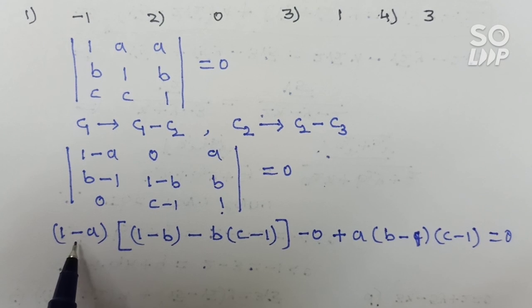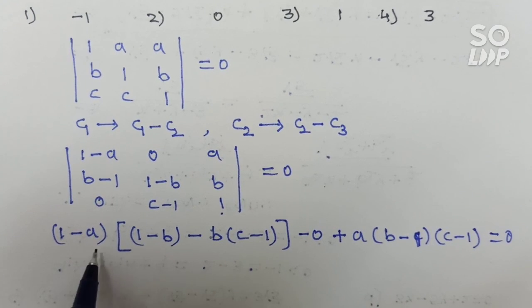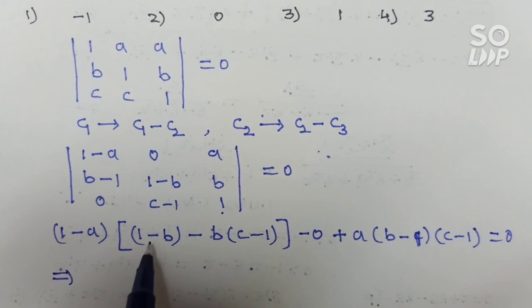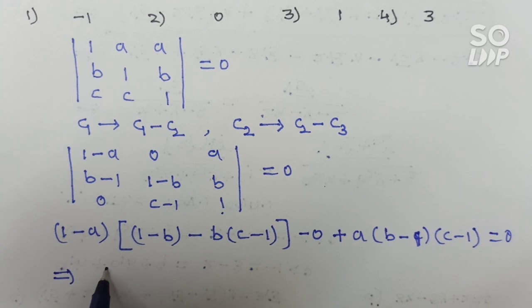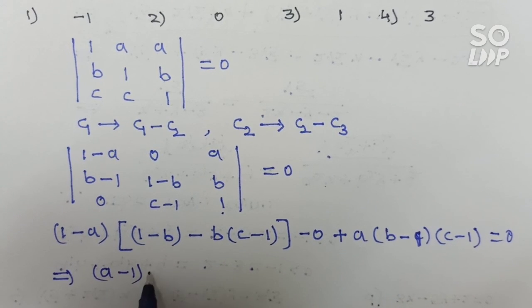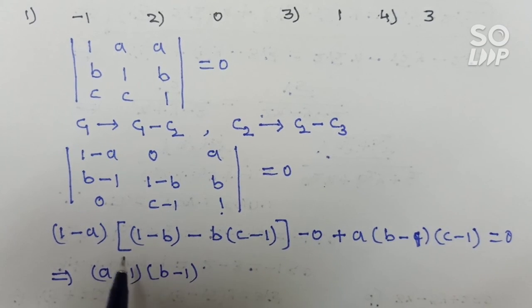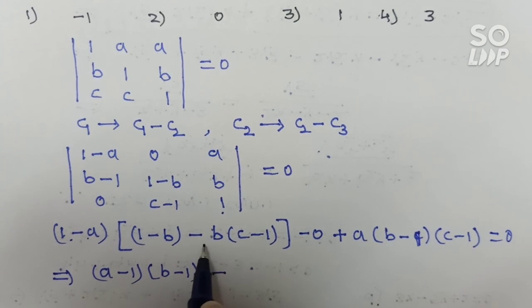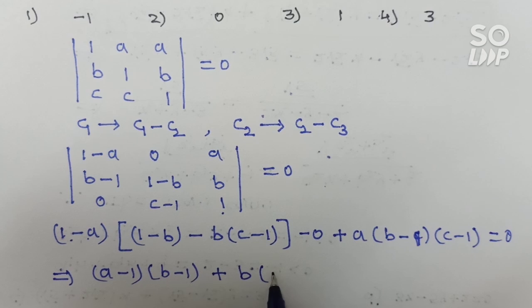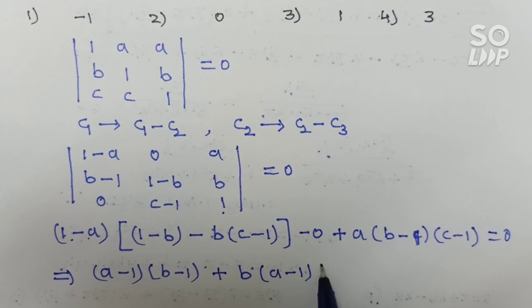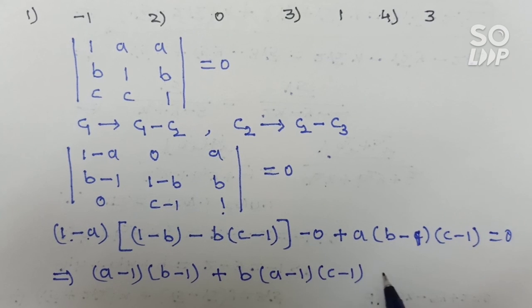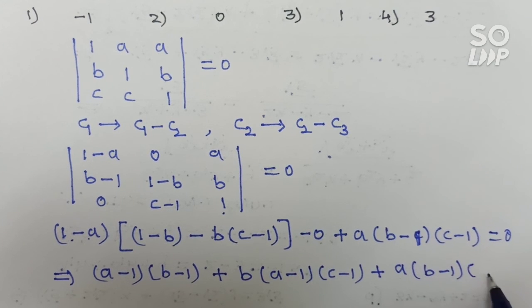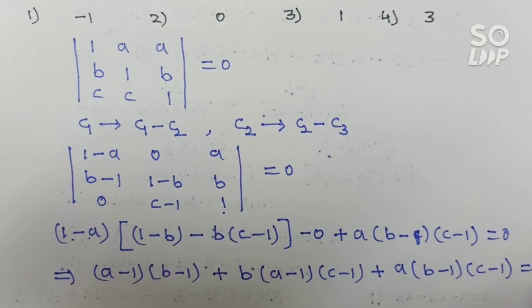Now 1 minus a multiplied with this, taking minus common, minus into minus is plus, a minus 1 into b minus 1. Then plus b into a minus 1 into c minus 1. Next minus 0 plus a into b minus 1 into c minus 1 equals 0.